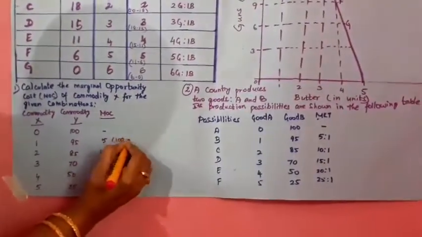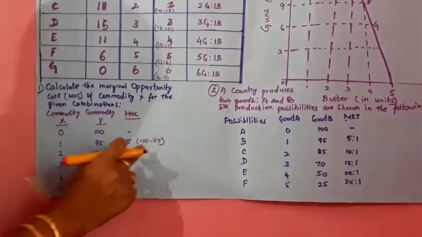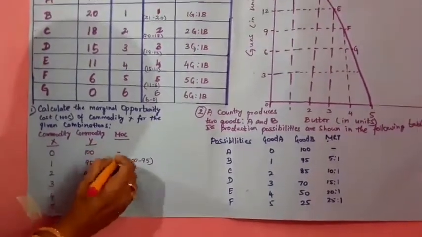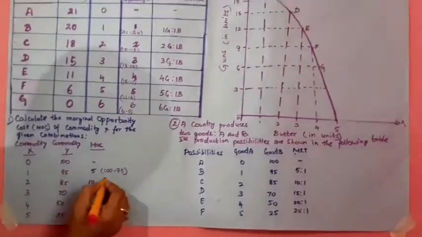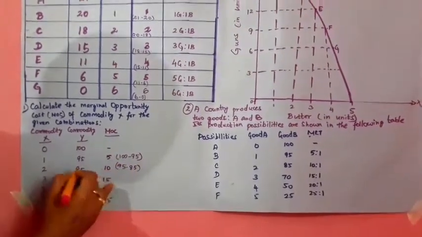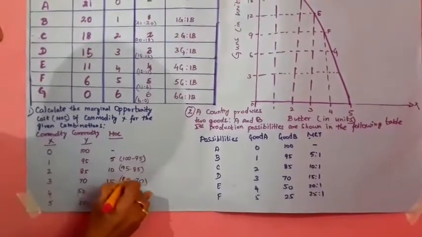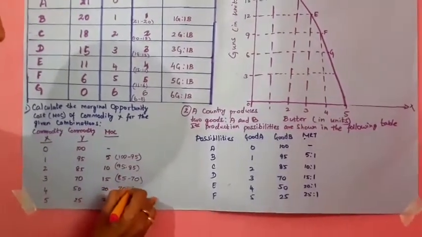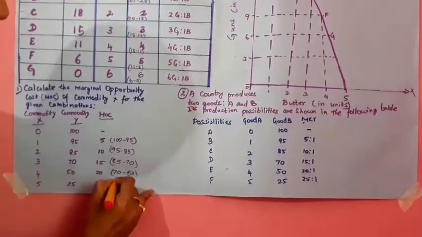For the answer derivation, write how you found it, so that you will fetch more marks. So 100 minus 95 is 5, and 95 minus 85 is 10, and 85 minus 70 is 15, and 70 minus 50 is 20, and 50 minus 25 is 25.